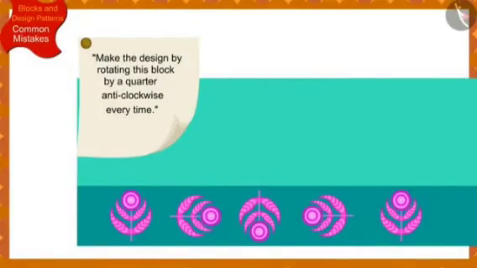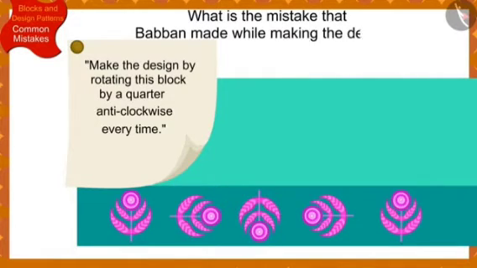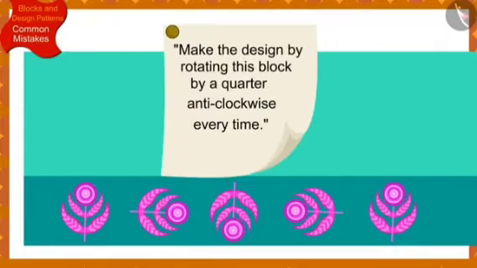Children, can you tell by looking at Banno's instructions and Babban's design what is the mistake that Babban made while making the design? If you wish to, you may stop the video and find the answer. Actually, as per the instructions written by Banno, Babban had to rotate the block by 1/4 in the anti-clockwise direction every time.